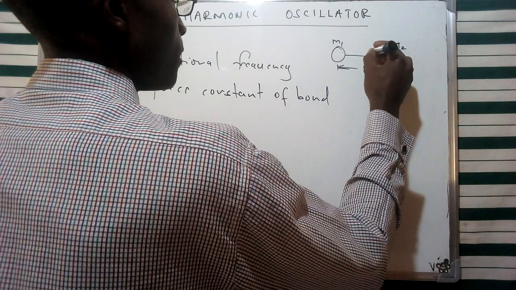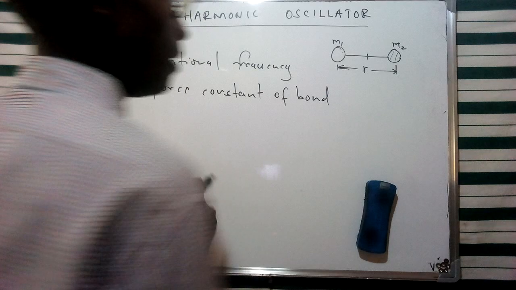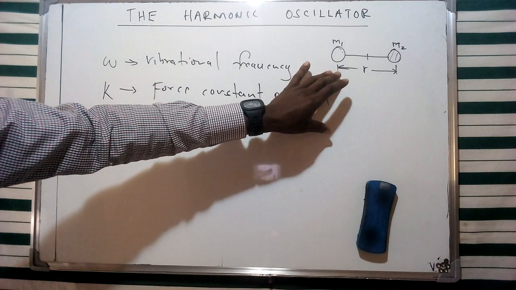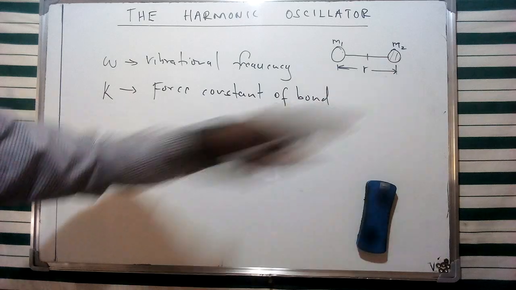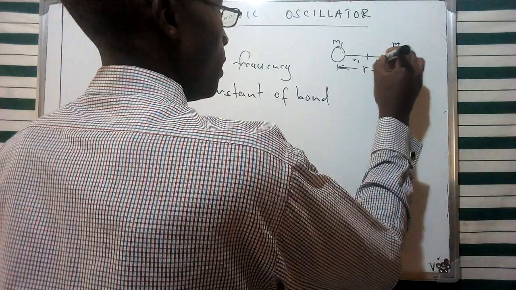And we had said that to describe this diatomic molecule, we use the moment of inertia and the distances from the center of mass, which can be given in terms of R1 and R2.